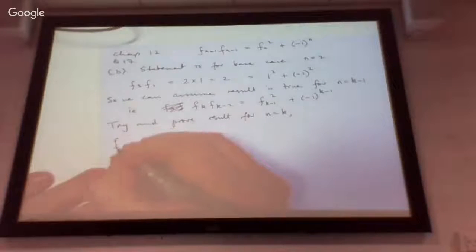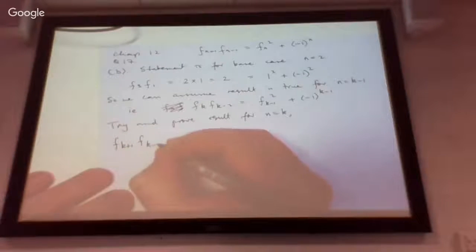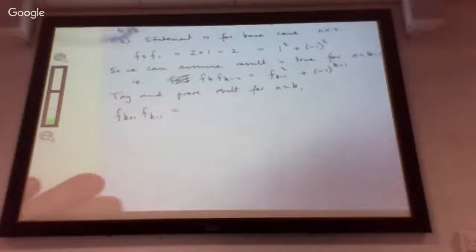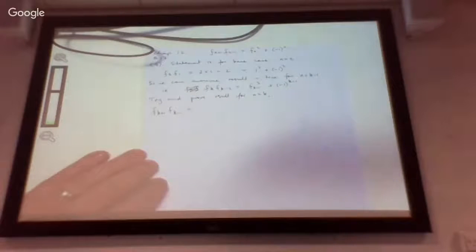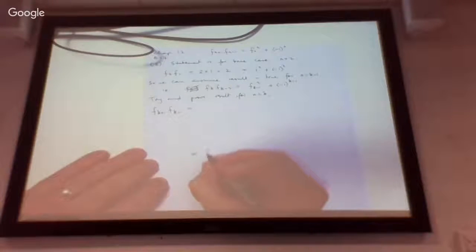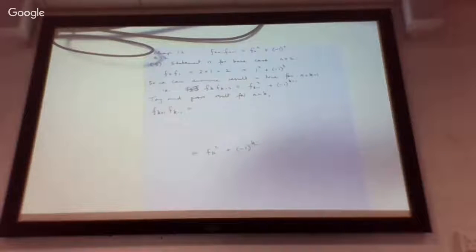So the left-hand side is f(k+1) times f(k-1), and I'm going to try and work that until it looks like what I think I should have. This is supposed to be equal to the square of f(k) plus or minus 1 to the power of k. Okay, so that's the equation I'm trying to prove.